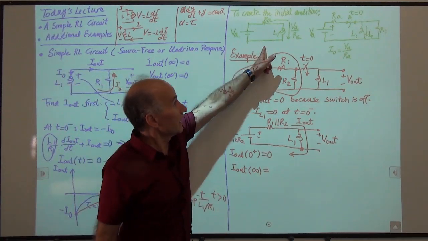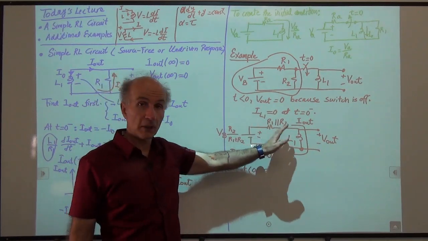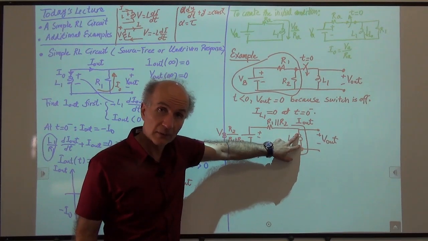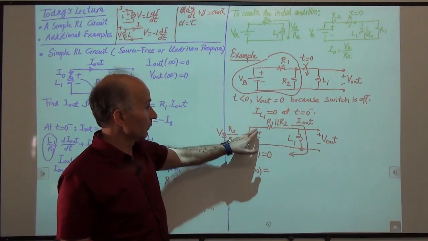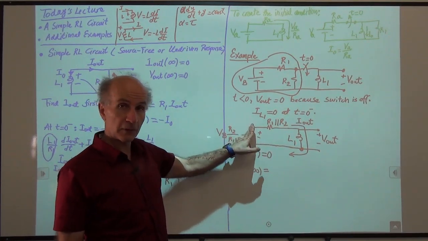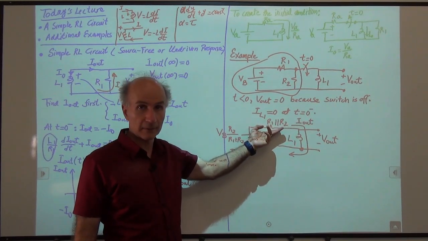Well, it's similar to this case, right? So at time infinity, assuming that the current has become constant, the voltage across the inductor becomes 0. If the voltage across the inductor is 0, then the voltage across this resistor is this much, right? This voltage minus this voltage over this resistance gives us the current.